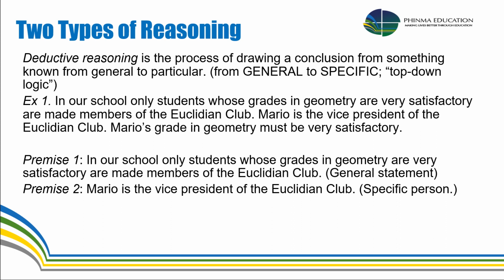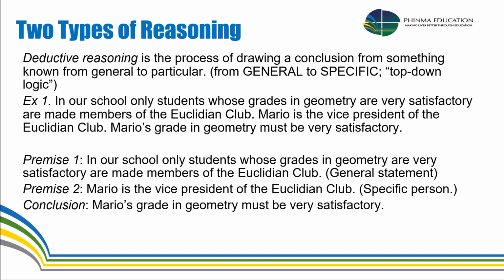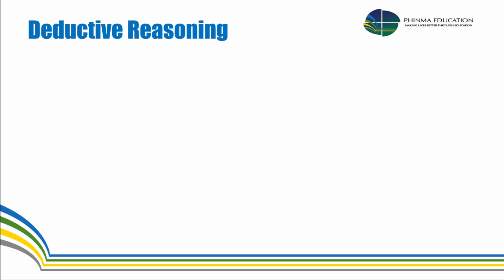This statement is about a specific person. Now, since we have this general to specific, we have this conclusion: Mario's grade in geometry must be very satisfactory. So this reasoning goes from general to specific.